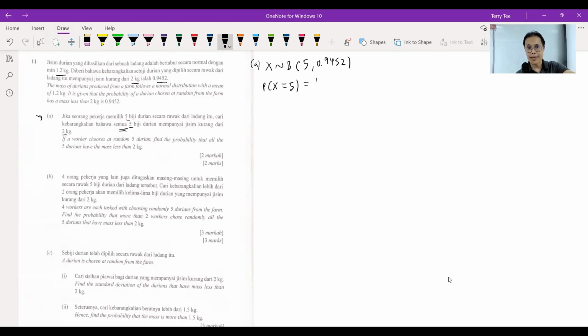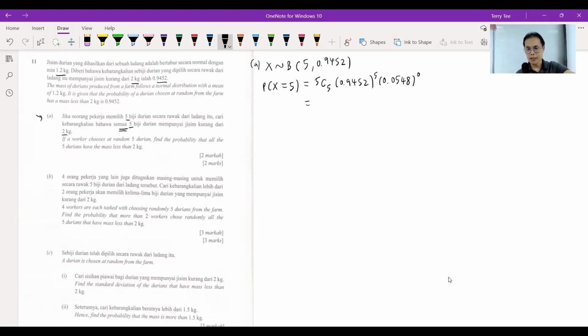Remember, binomial formula is nCx. In this case n is 5. p is the probability of choosing one durian with mass less than 2 kg, power 5. And your q, if this is your p, your q will be 1 minus 0.9452, which is 0.0548, power 0.